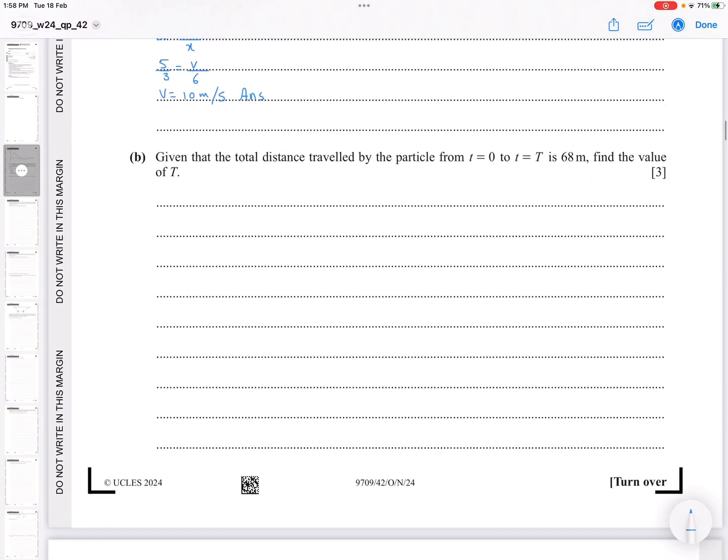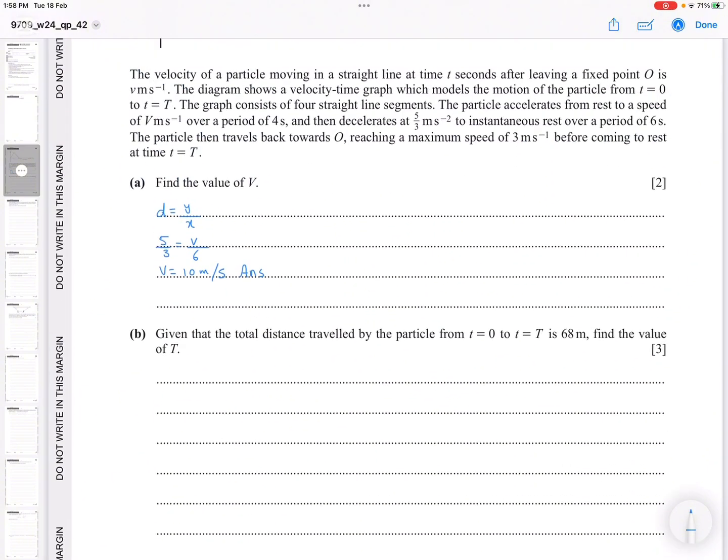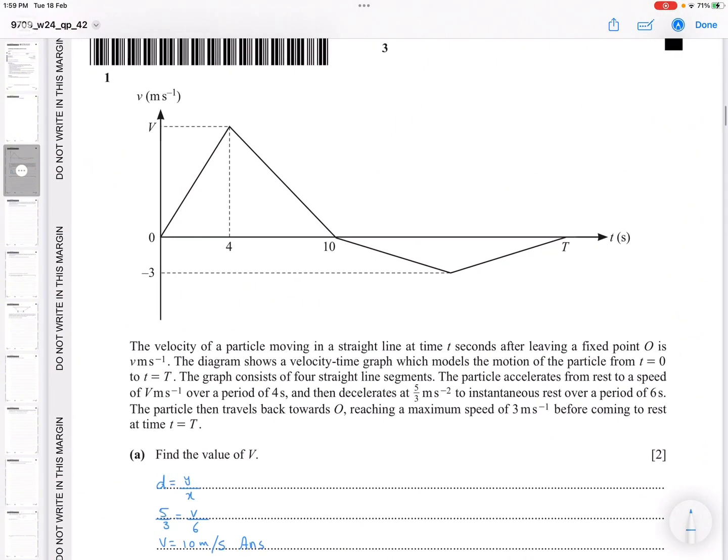In part B, given that the total distance traveled by the particle from t equals 0 to t equals capital T is 68 meters, find the value of T. So here we have two triangles, and the area under the graph is always distance in a velocity-time graph.